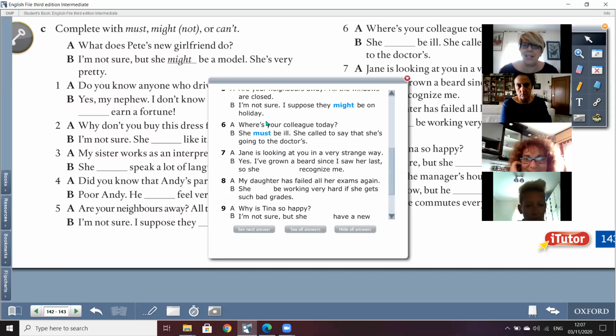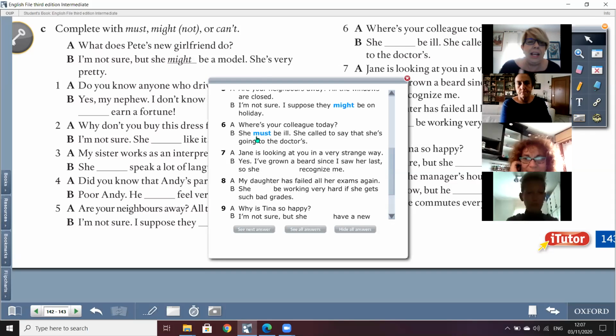Actually, the exercise is helping you because it doesn't tell you, yes, might or might not. But she says she might be ill. If she's going to the doctor, of course she's ill. Why go to the doctor if you're not ill? She must be ill. It's just the meaning that is different.